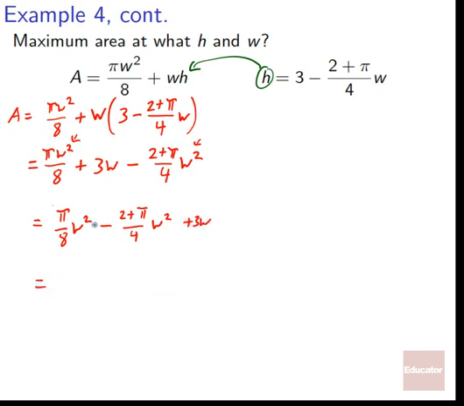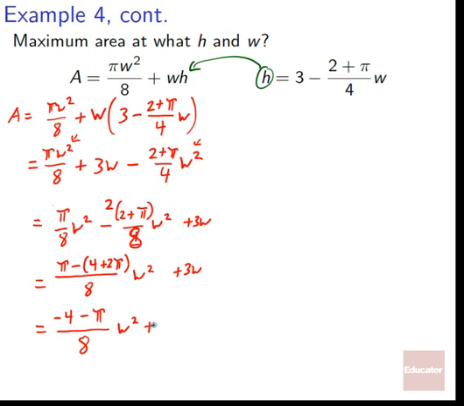So now we've got pi over 8, and we can bring this stuff to bear, so it'll be minus 2 plus pi, but it used to be a 4, so to become an 8, we're going to multiply by 2 here to keep it the same. So 2 times (2 plus pi) becomes 4 plus 2 pi. So we've got (pi minus 4 minus 2 pi) over 8 w squared plus 3w. We simplify this out. Pi minus 4, so the negative 4 will come through, and minus 2 pi will become minus pi, so we get (negative 4 minus pi) over 8 w squared plus 3w.